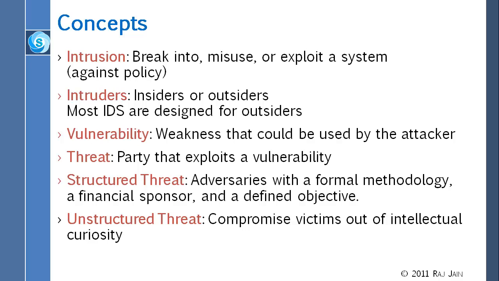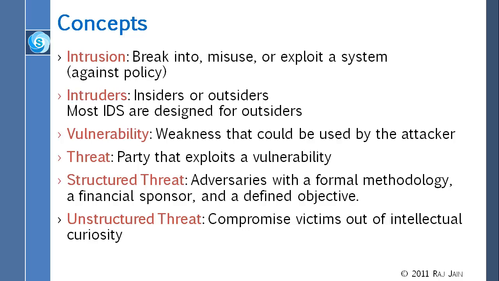There are two kinds of threats, or intruders you can call them: structured threat and unstructured threat. Unstructured threat is just one person somewhere, going around and looking to do something, and that is not as dangerous as structured threat these days. These days, whole governments could be after your website.